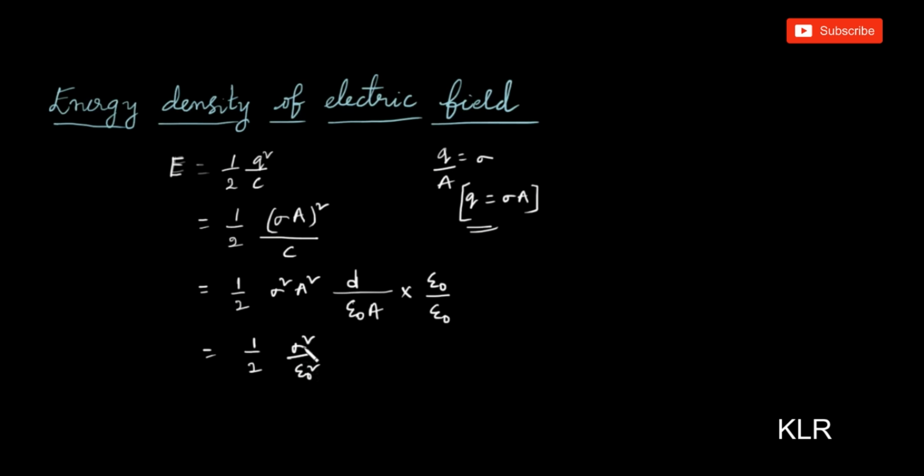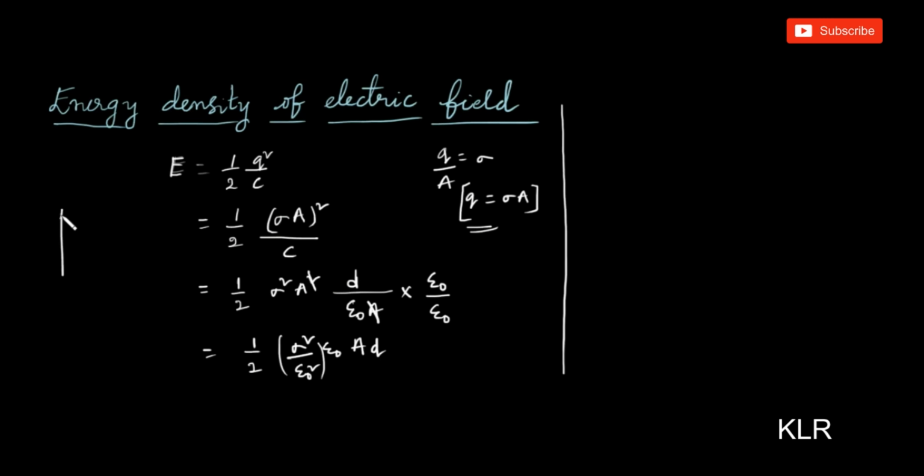So sigma square by epsilon naught square, this A square and A will get cancelled, one A will be there, so that is AD. One epsilon naught in the numerator will be remaining, that epsilon naught I will write here. Now as you can see, this sigma by epsilon naught is nothing but the electric field.